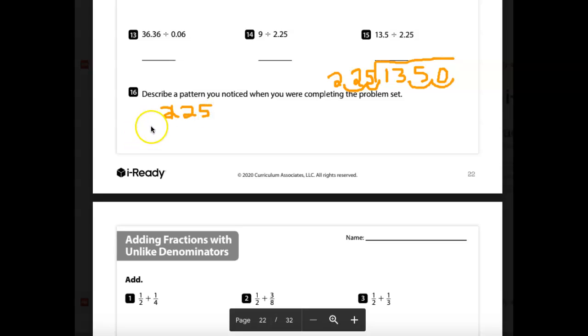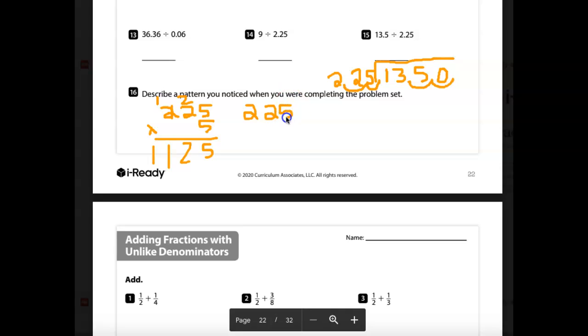Why don't we start in the middle first and try 5. 5 times 5 is 25. We know that's not going to be it because it ends in a 0. 5 times 2 is 10 plus 2 is 12. 5 times 2 is 10 plus 1 is 11. Well, we're close. We're not there yet. So let's go up to 25.